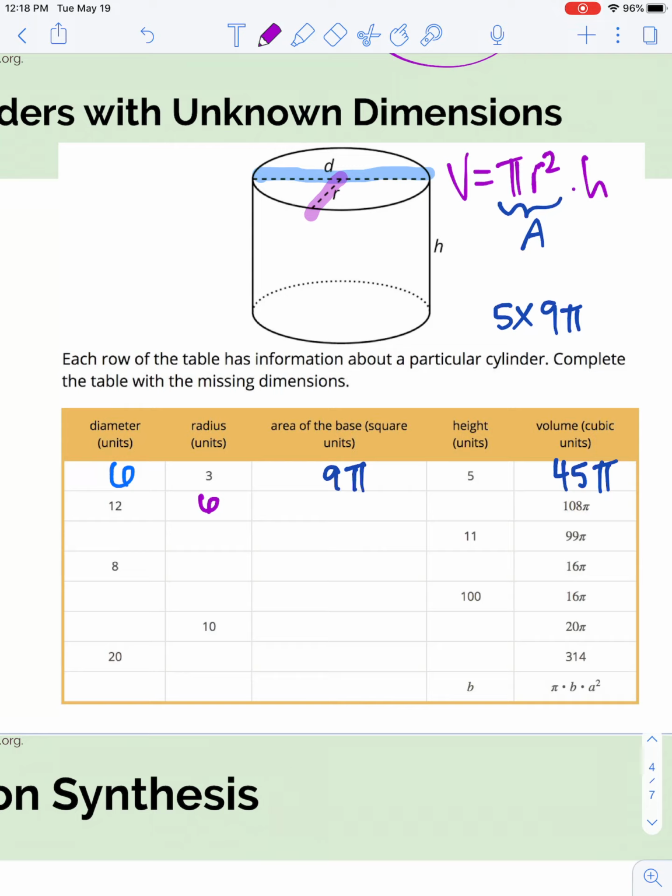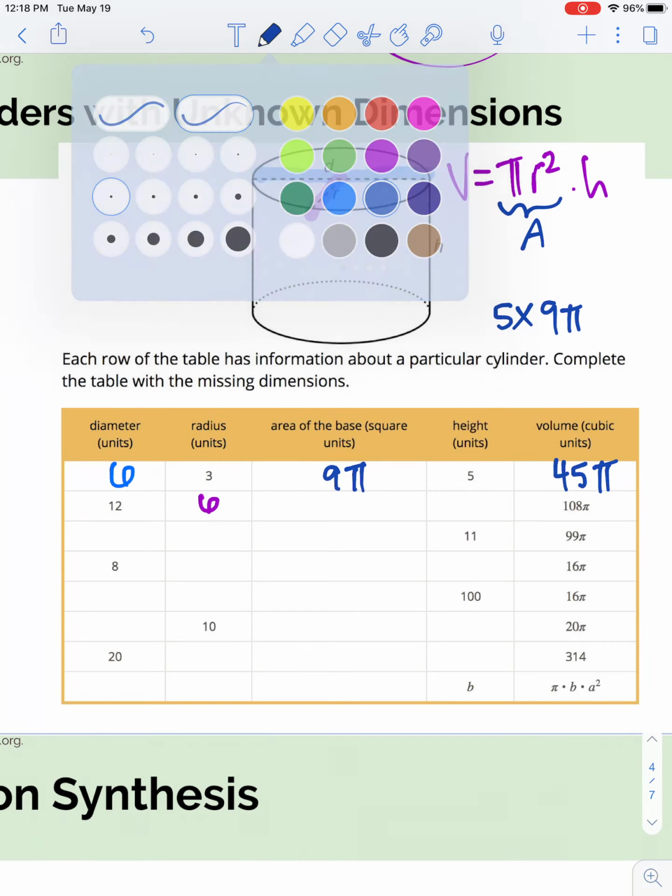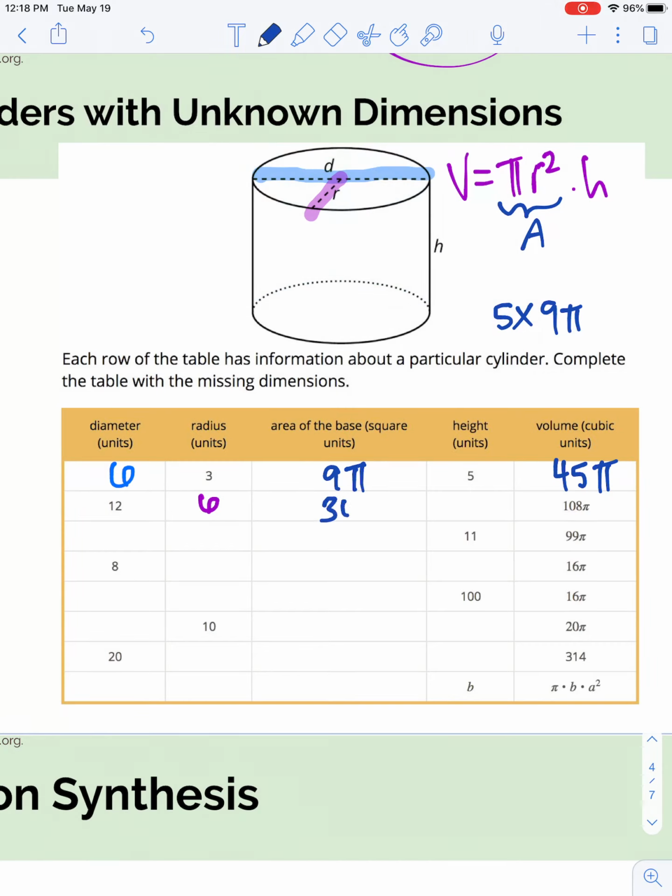So like area of the base, that would just be pi times the radius squared. So 6 times 6 is 36. So 36 pi. And then they want the height. So if you've got all this other information and you just need to find the height, you're going to go 108 pi, because that's volume, right?